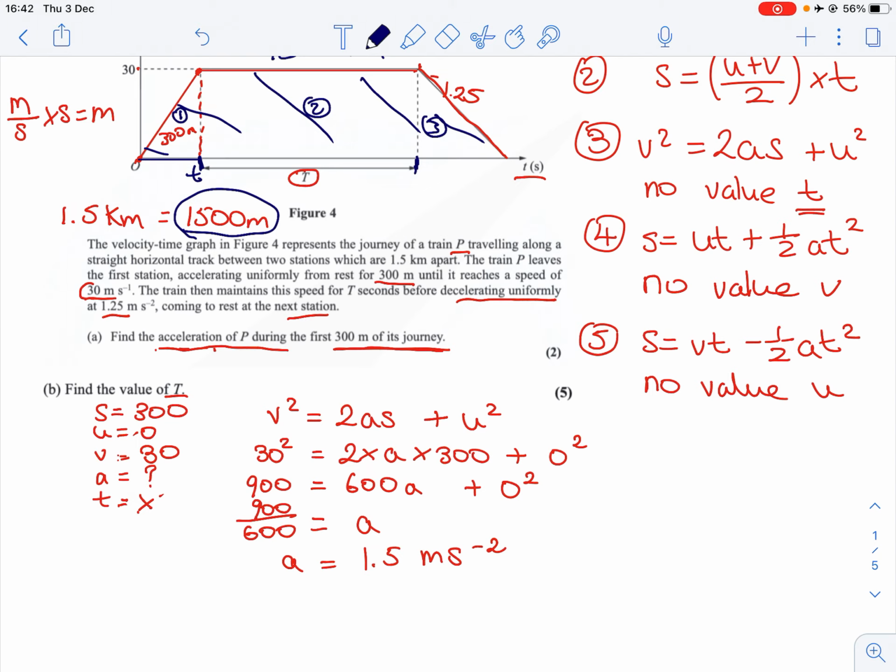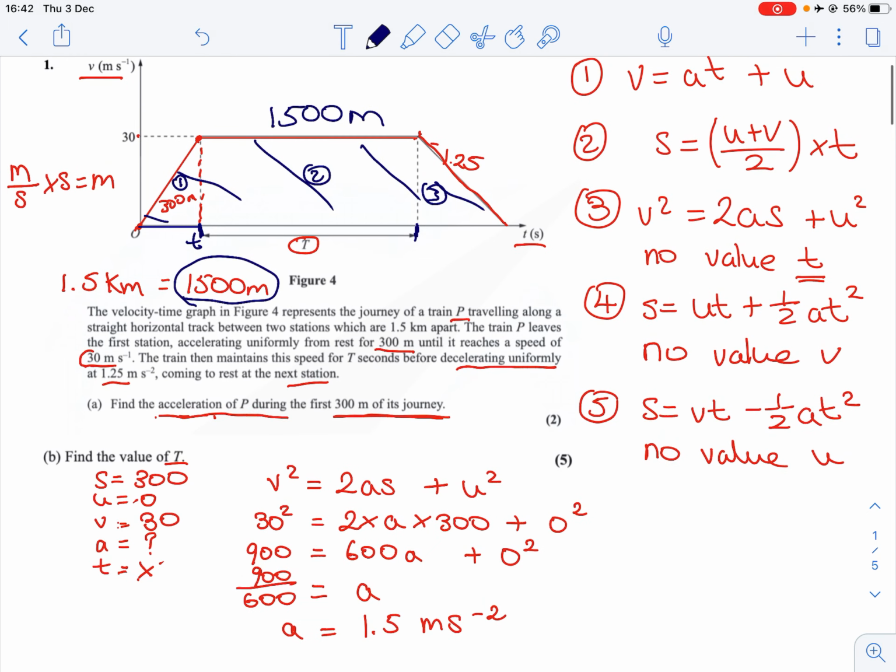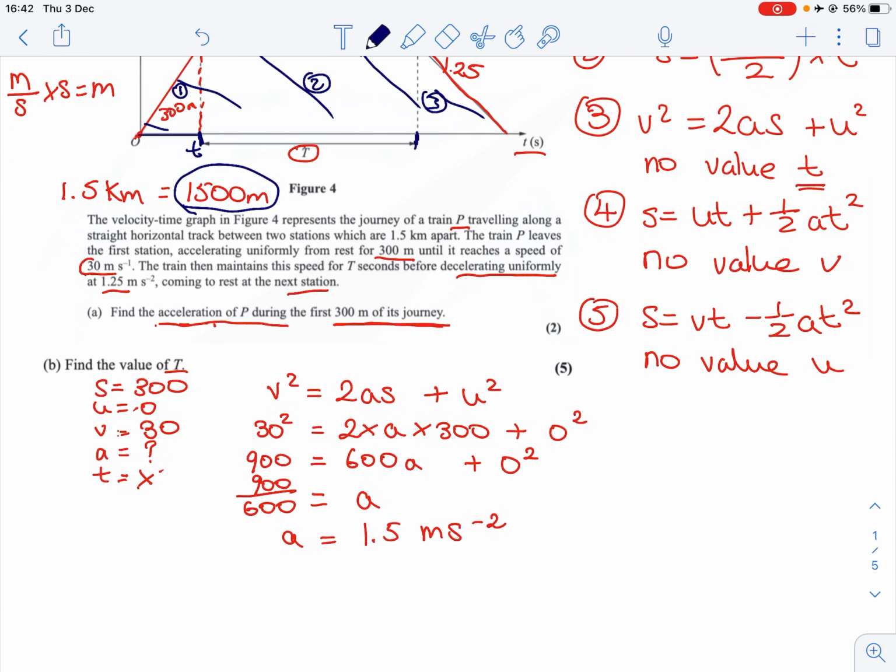Looking at our equations, we can use the first one, v equals u plus at.